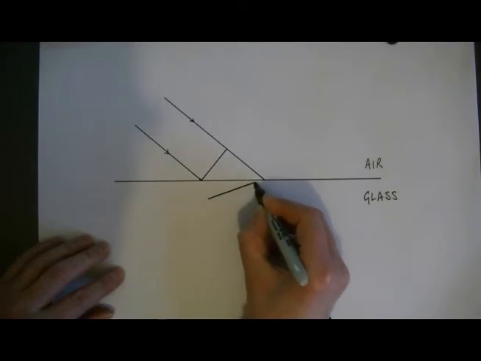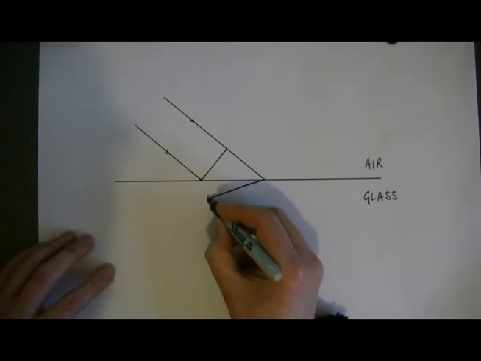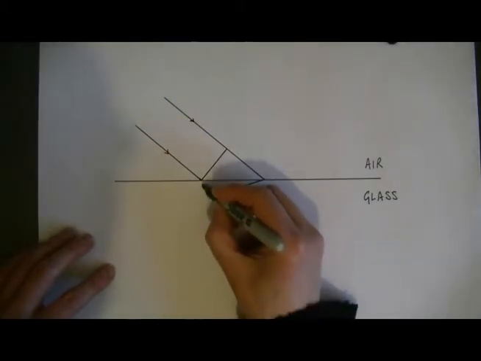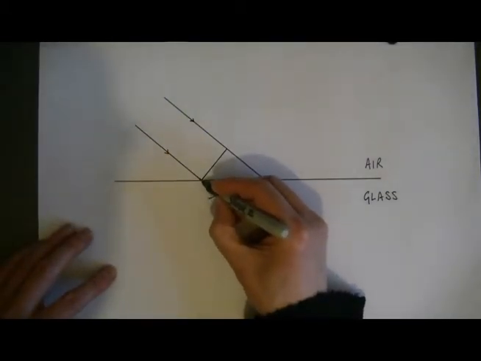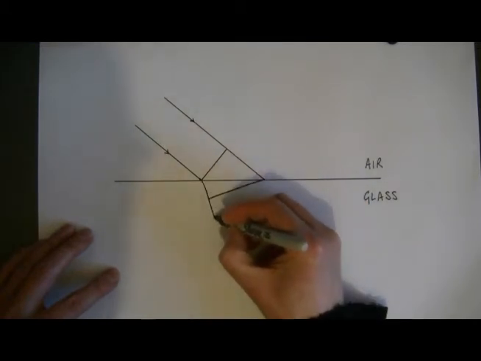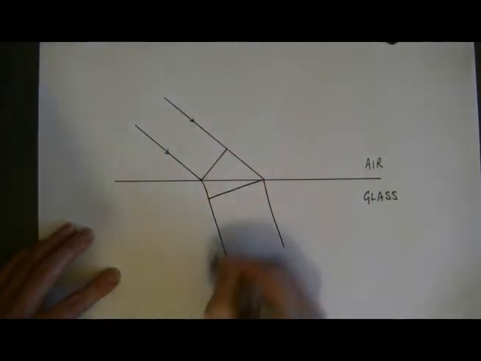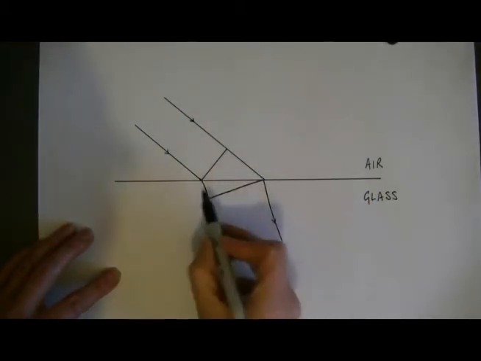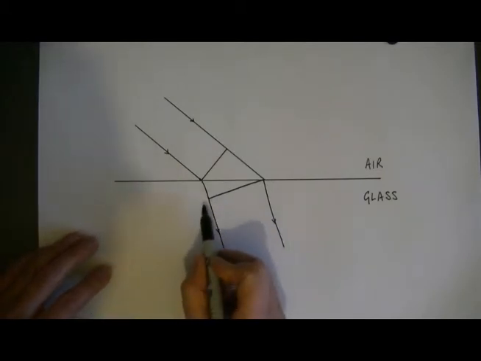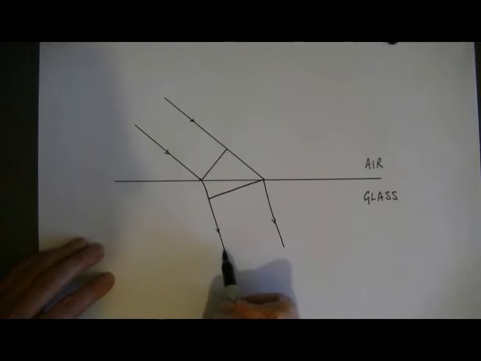which is there, and the light is travelling at right angles to that, so I can draw in the new direction, which is there. And that change in direction happens because the light slows down as it enters the glass.